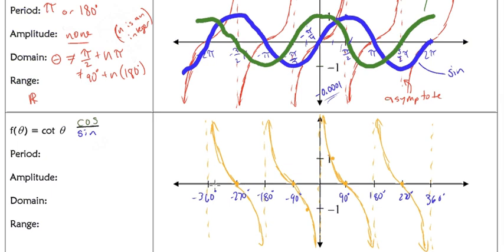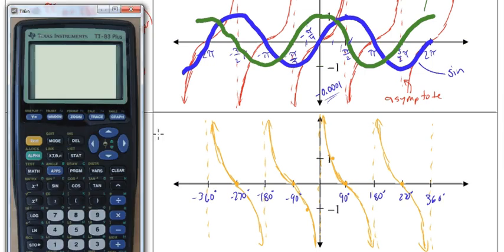All right, and let's graph it real quick on our calculator. So y equal to 1 divided by tangent of x, or theta, and graph that up. And there it is. You can see it's falling from the positive to the negative, from asymptote to asymptote. It looks very similar, but it is obviously a little bit different there.